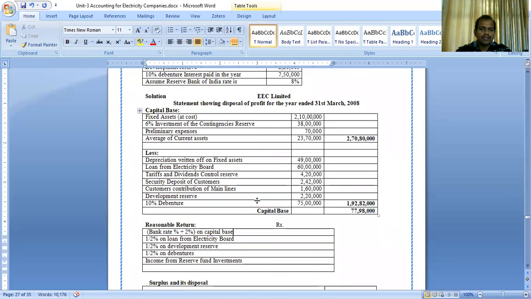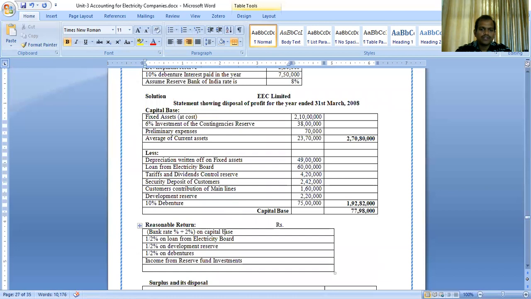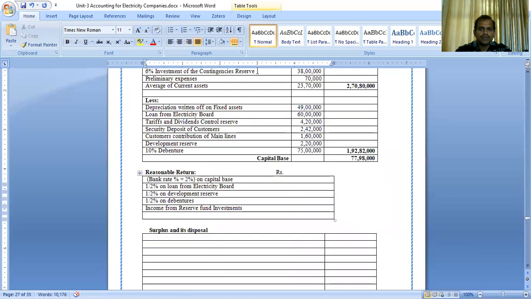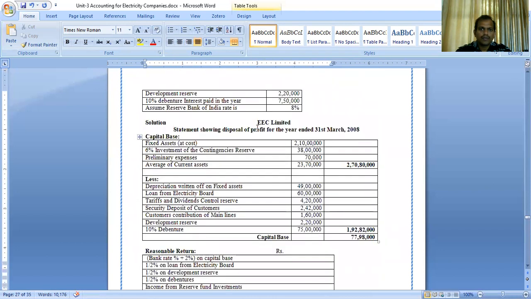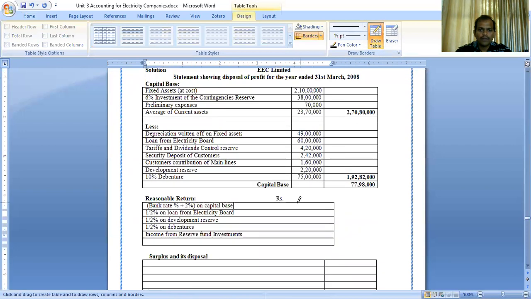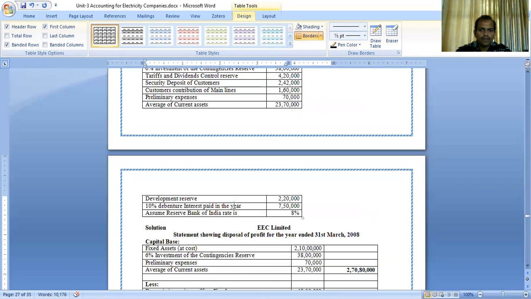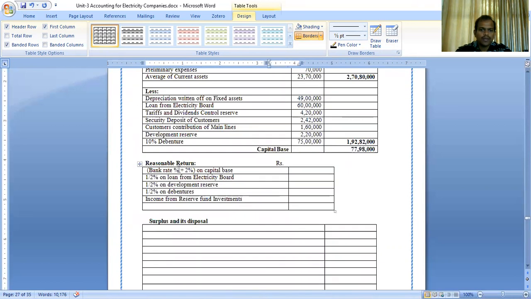So now the reasonable return by using the capital base. So bank rate plus 2% on capital base. Bank rate is 8%. 8% bank rate plus 2%, 10% on capital base.